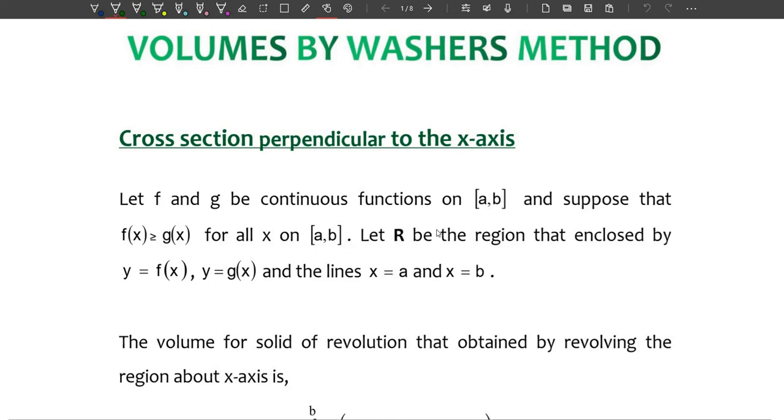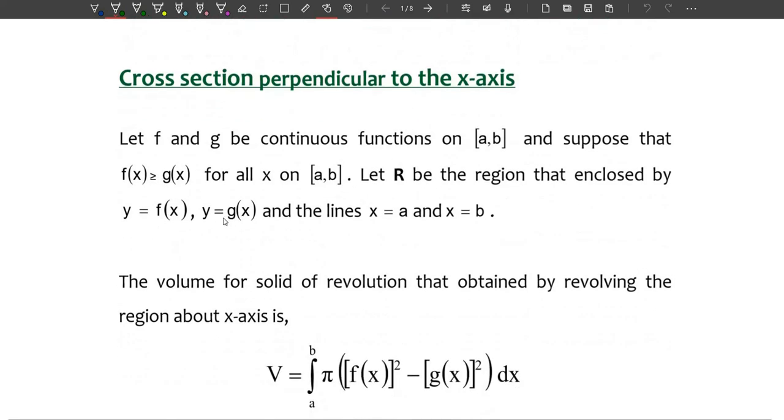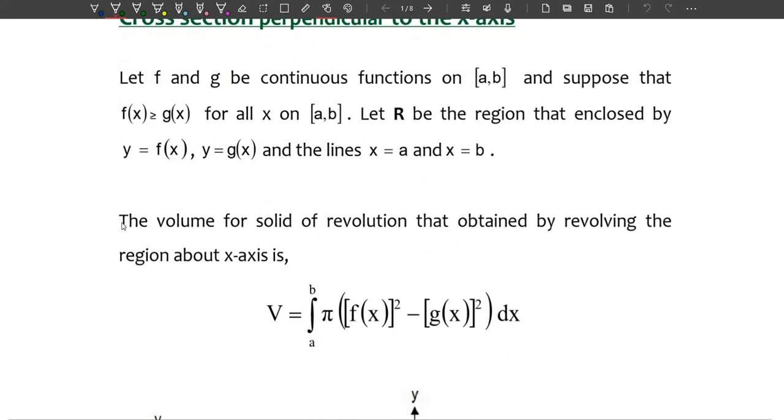Let R be the region enclosed by y equals f(x), y equals g(x), and the lines x equals a and x equals b. Therefore, the volume of the solid of revolution obtained by revolving the region about the x-axis is V equals the integral from a to b of pi times f(x) squared minus g(x) squared with respect to x.